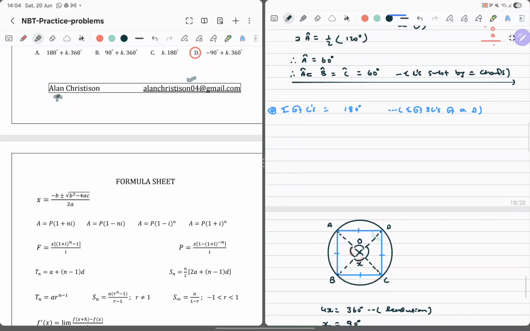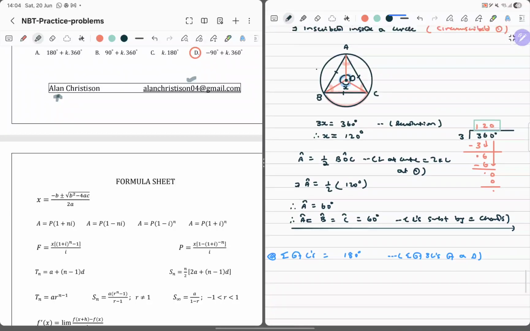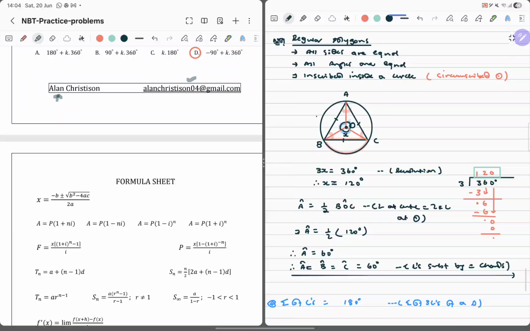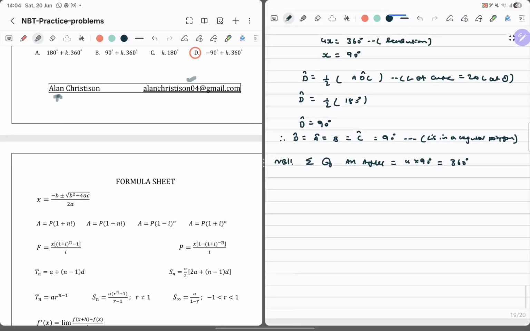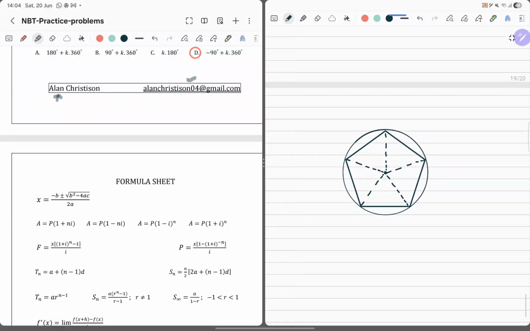As you can see, for a square it's 90 degrees. For a triangle, equilateral triangle, it's 60 degrees. So what happens to a pentagon? Still, we know that these sides are equal. And we also know that these angles are also equal because it's a regular polygon.